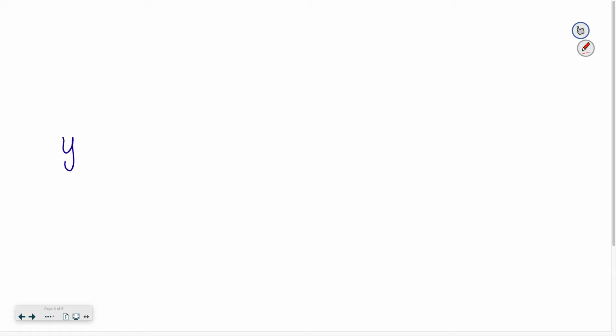So let's talk a second about y equals x. If it's in the form y equals mx plus b, m is my slope, b is my y-intercept. So what is my slope of this line? 1. What is my y-intercept? 0.